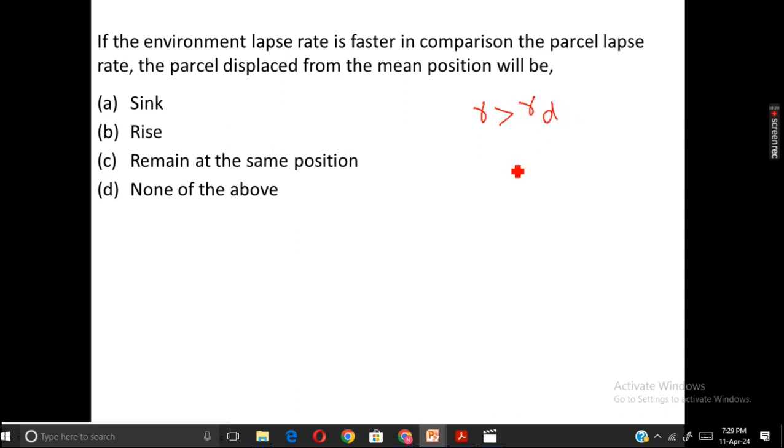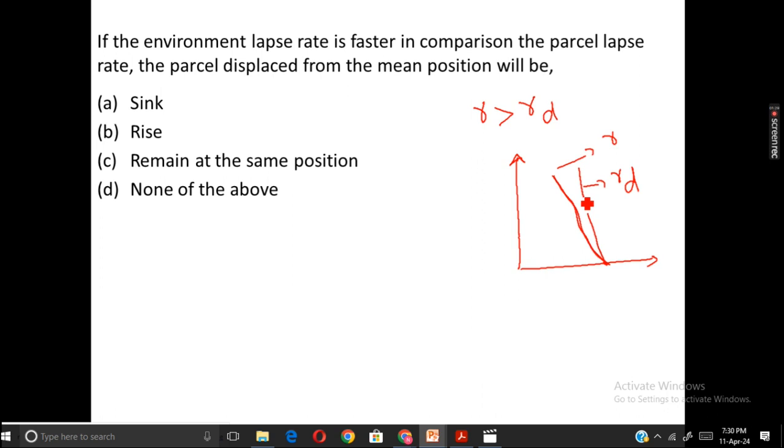The parcel is displaced from its mean position. So gamma is the environmental lapse rate. They have given gamma is greater than gamma d. The rate at which the temperature is decreasing in the environment is greater than the rate at which the temperature is decreasing for the parcel. So let this be gamma d.